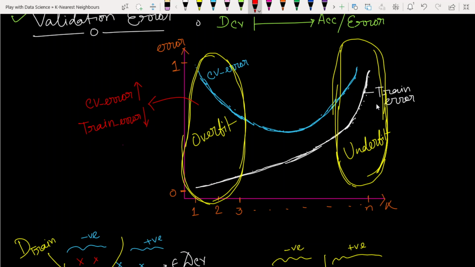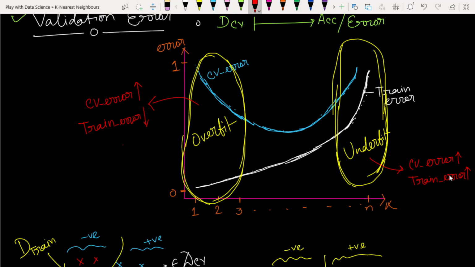But in the underfit region, we have seen that our cross validation error is high, as well as our training error. Both the errors are high in this region.